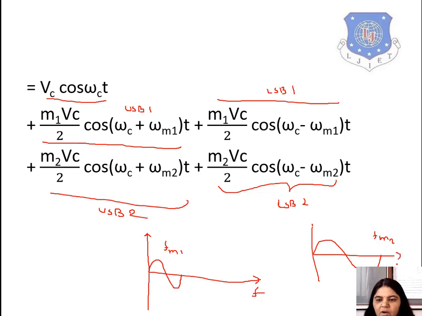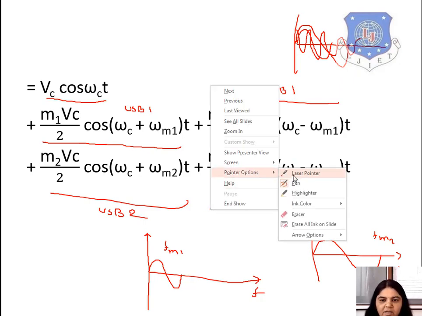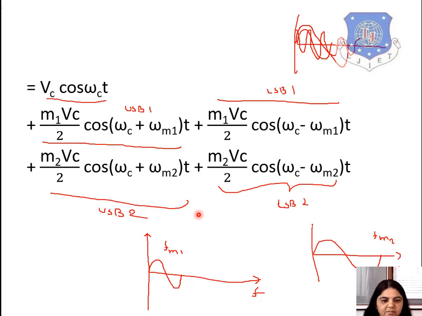So we have two different frequencies traveling on the same carrier wave. This is one frequency, this is the other frequency, and they travel on the one carrier frequency. So here we are deriving the equations for this.